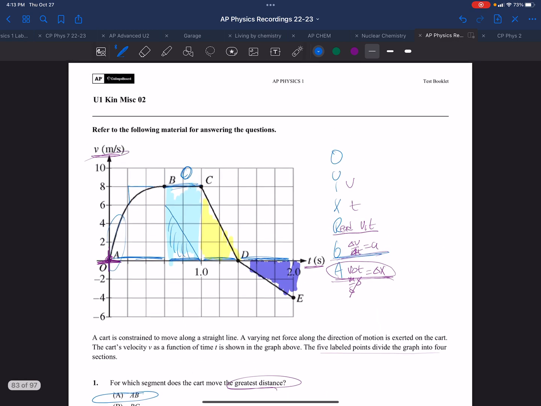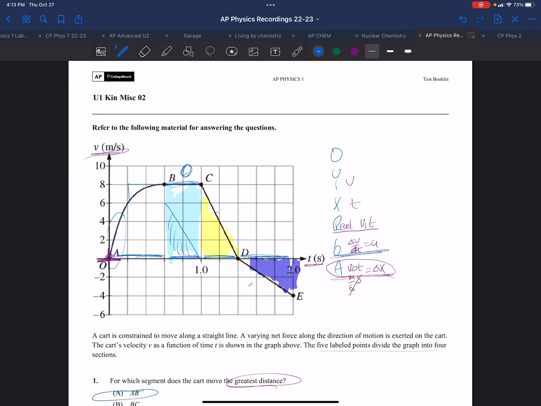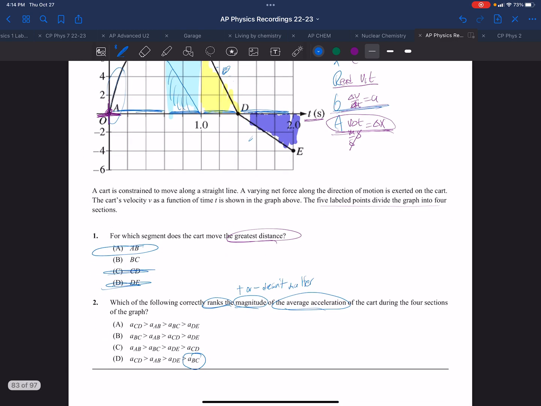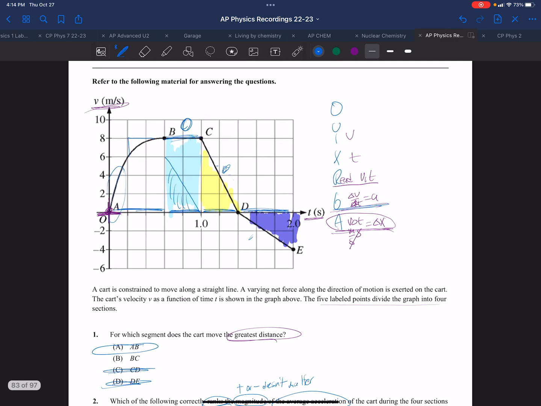But if we compare CD and DE, CD is greater than DE. So we're going to look for CD being ahead of DE. It is there. It is there. And it is not here, so choice C is out for sure. And if we look at AB, the average acceleration is delta V over delta T, so that would be the slope of that line.